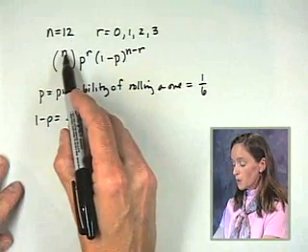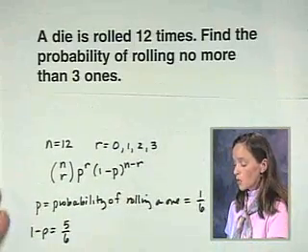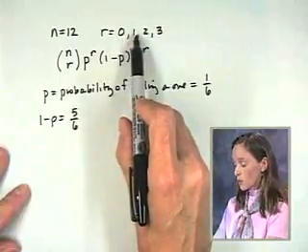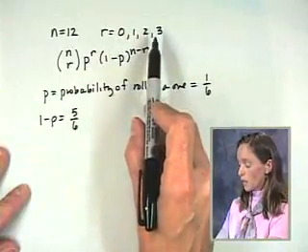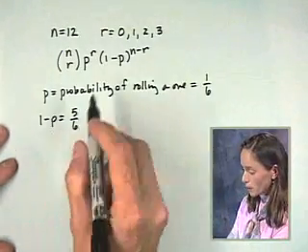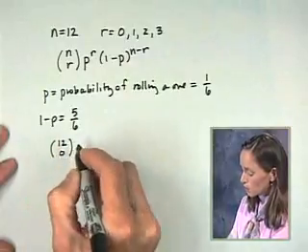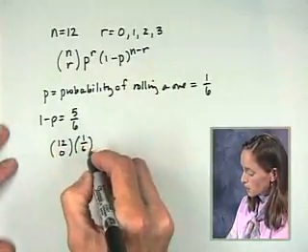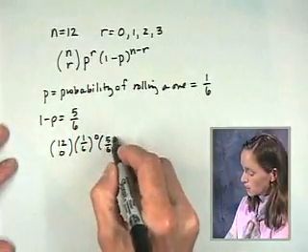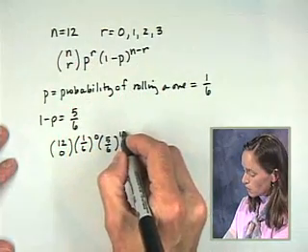We're running our experiment 12 times, but we want the probability of rolling, notice what it says, no more than 3 ones. So 0 ones is okay, 1 is okay, 2 is okay, 3 is okay. There's 4 different values for R. If I write the formula down 4 times, what I need is 12 choose 0 times 1/6 to the R power, which is 0, times 5/6 to the N minus R, 12 minus 0.